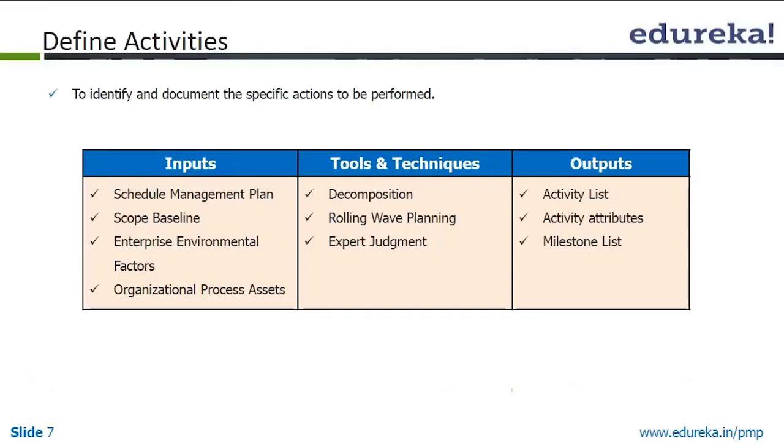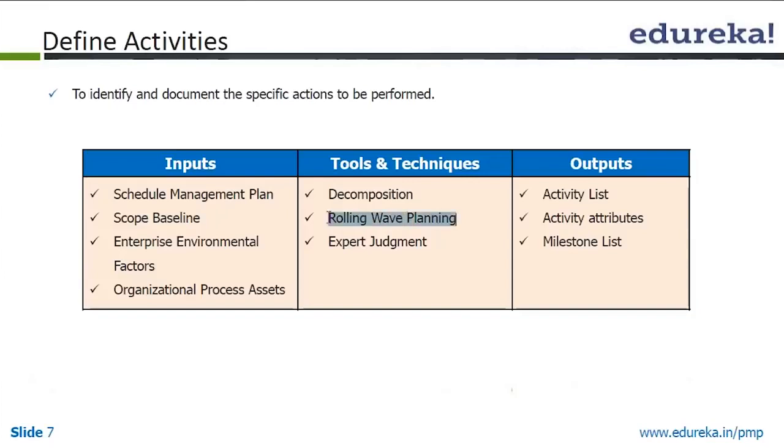We list down like this the set of activities that is required for each specific work package that is approved in the WBS. So the schedule management plan, the scope baseline, which is your WBS, and your EEF and OPA are the inputs. Further decomposition, rolling wave planning and expert judgment are the tools and techniques. And the outputs are the activity list, activity attributes and milestone list.